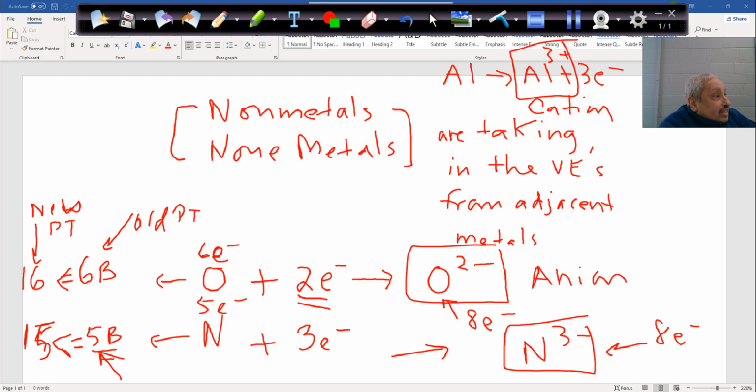So why is this 8? It turns out to be the octet rule. Octet means 8. Elements want to have 8 valence electrons to mimic the electron configuration of the noble gas, group number 8. They have 8 valence electrons, except for helium, and they are the most chemically stable elements.